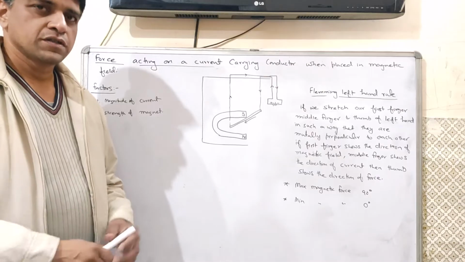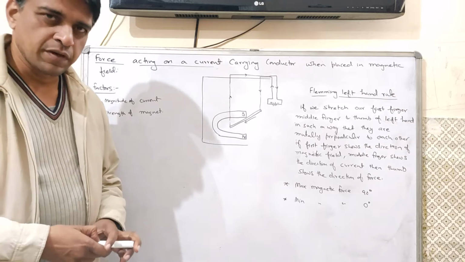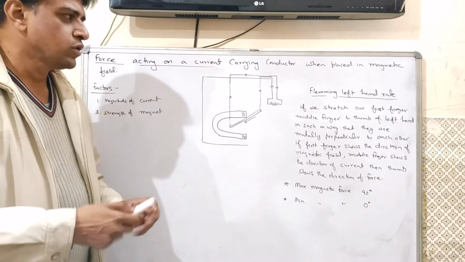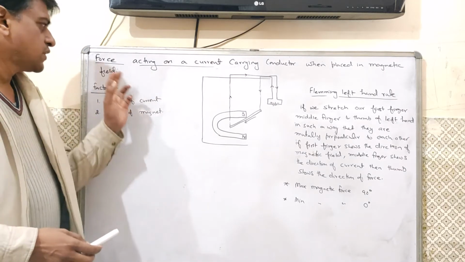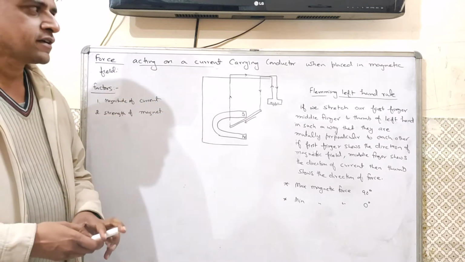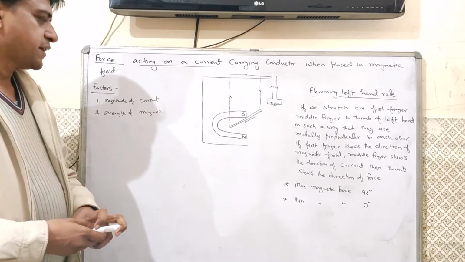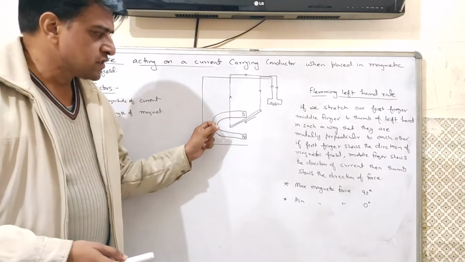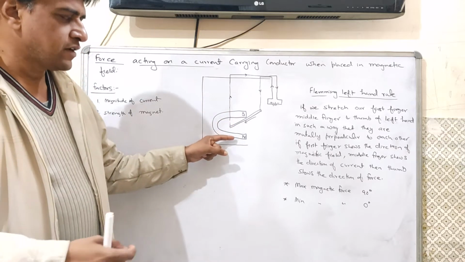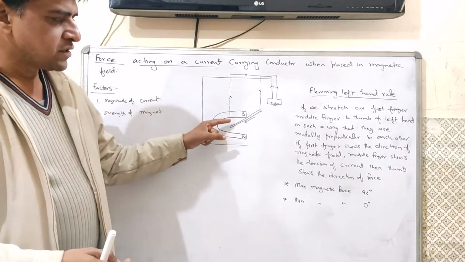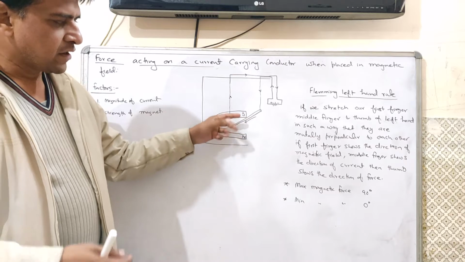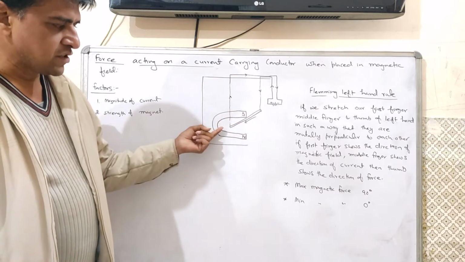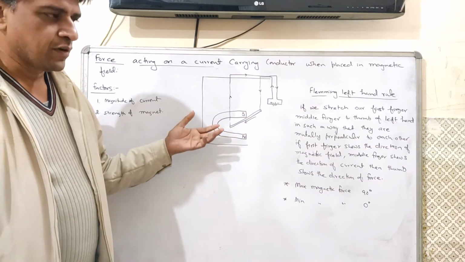Good morning, students. After completing the Oersted experiment, we will now move to our next topic, that is, force acting on a current carrying conductor when placed in a magnetic field. If a current carrying conductor is placed inside the magnetic field of a horseshoe shaped magnet, what will happen?